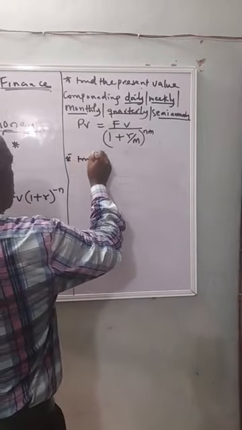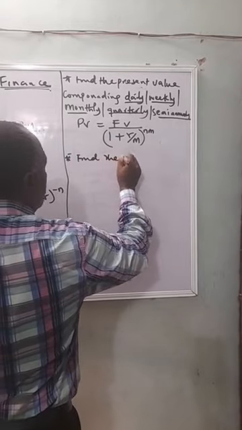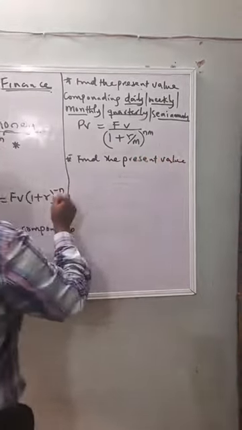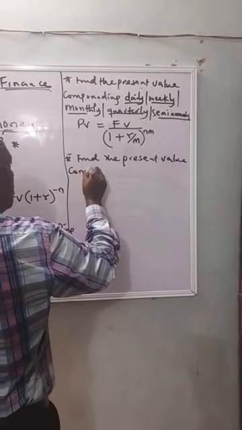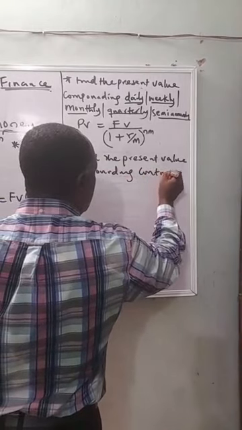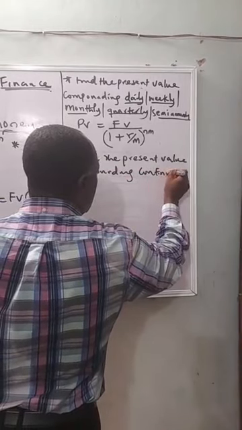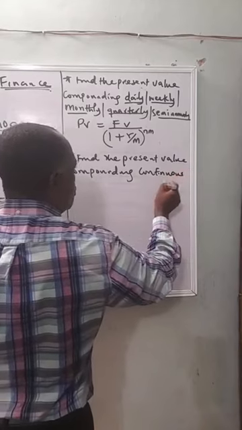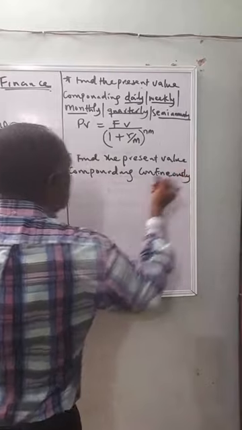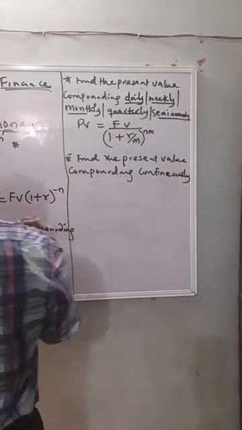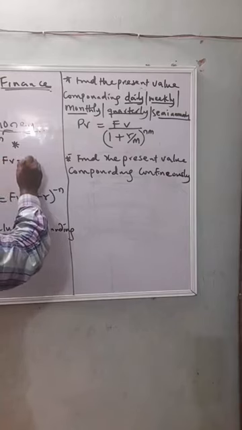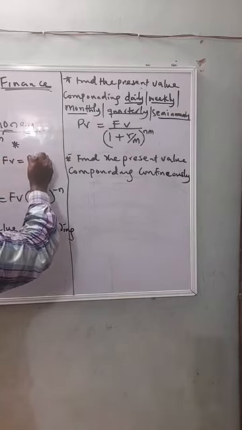Finally, if I'm asked to find the present value of money, compounding continuously. In that case, if you could recall that when we are doing future value of money, we did it like this, e raised to power Rn.